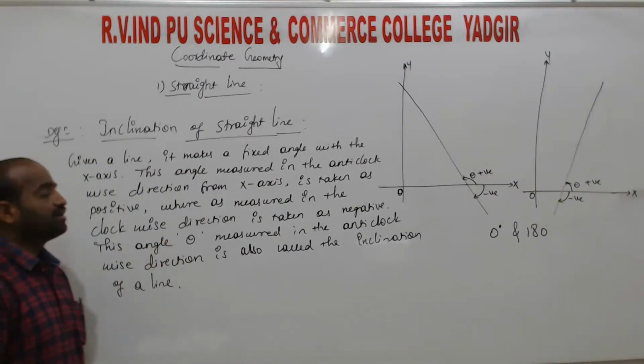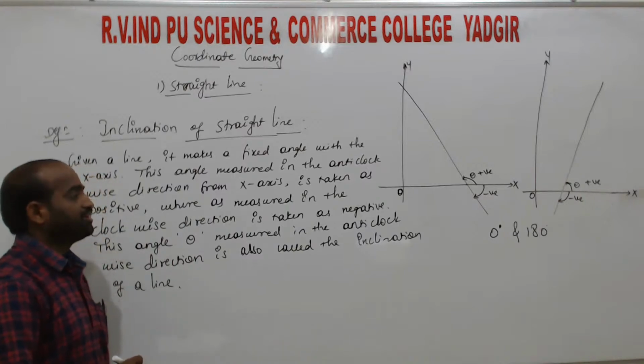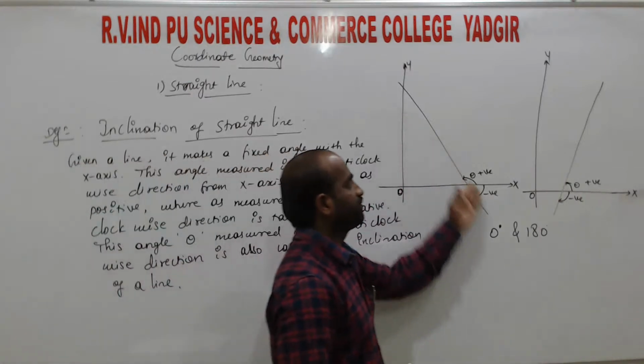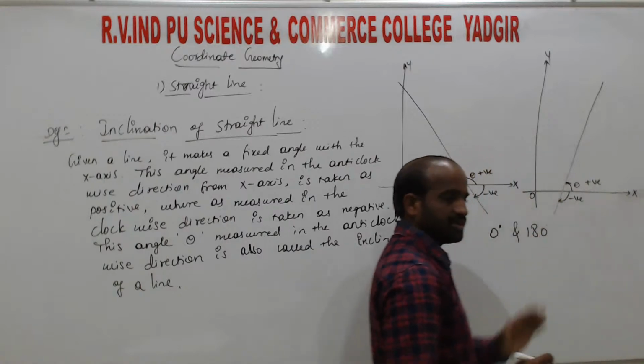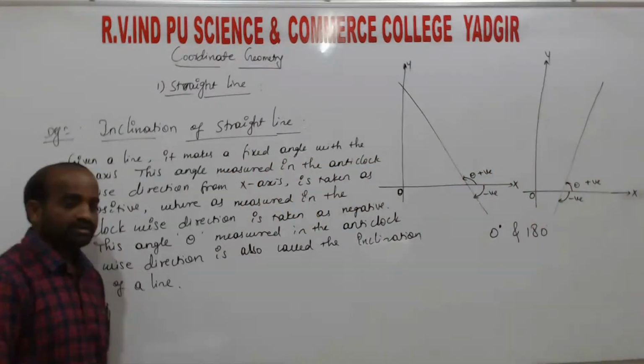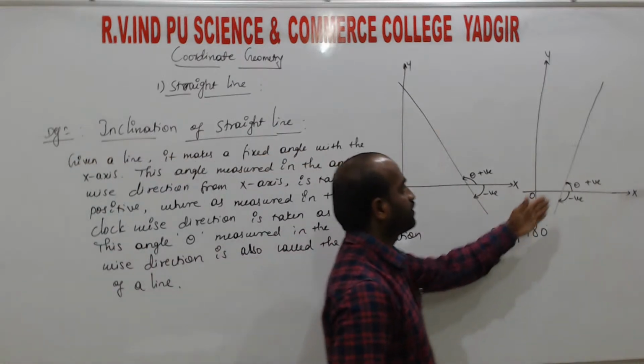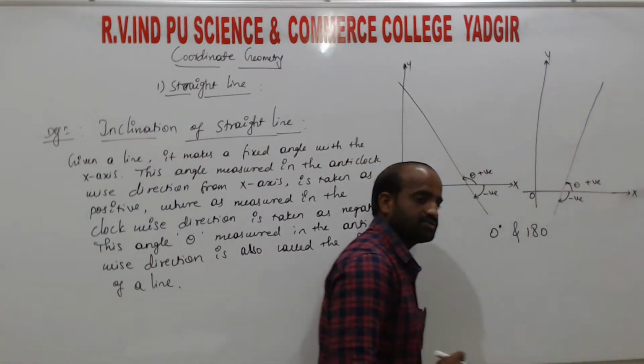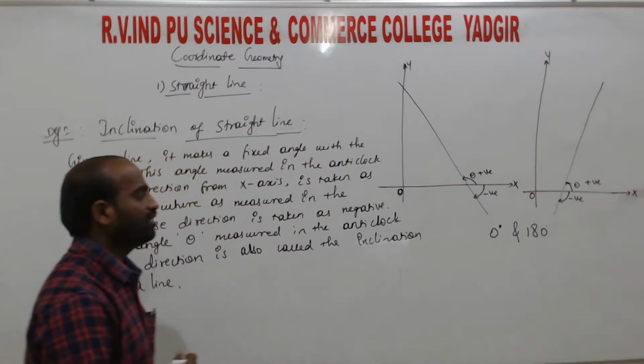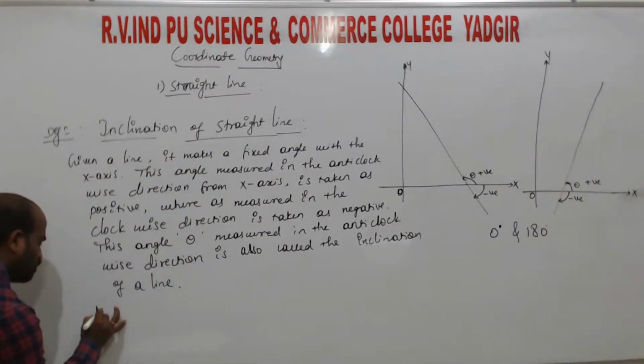This is the definition of inclination of a straight line. This side or this side, this one. Write down one more now.